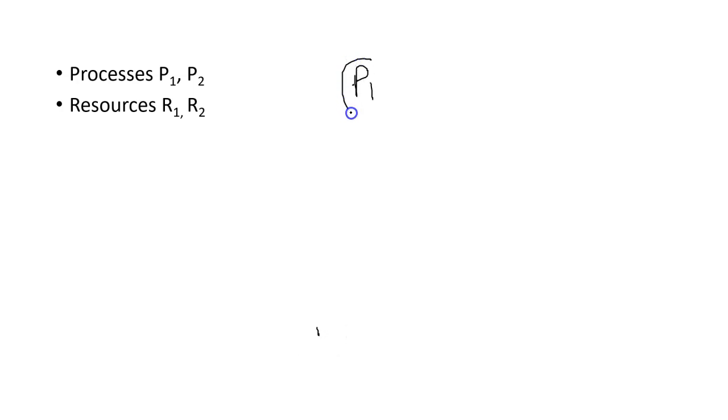Let's have the example. Here we are having two processes, process P1 and P2, along with two resources R1 and R2. Let's say process P1 has held resource R1. Whenever there is an arrow towards a process, then it is known as assignment edge.